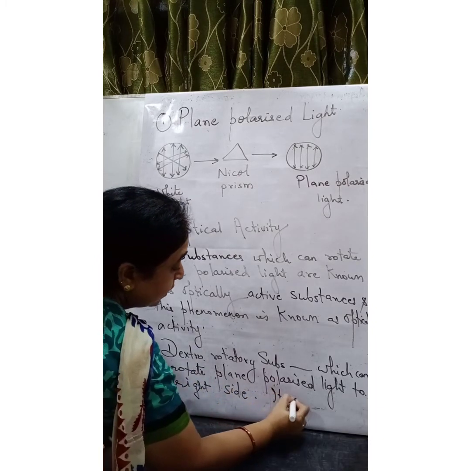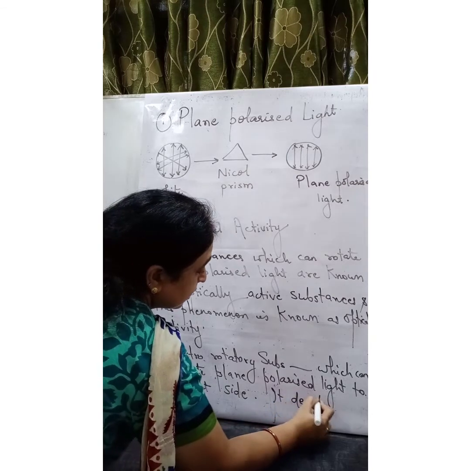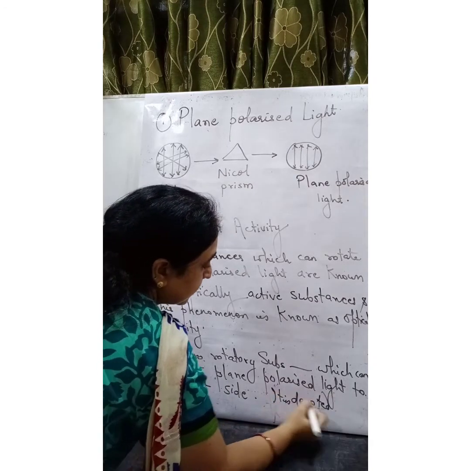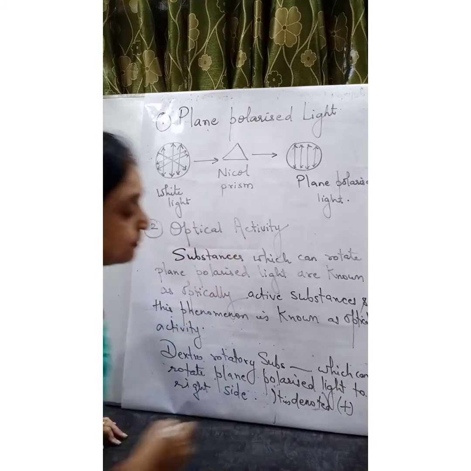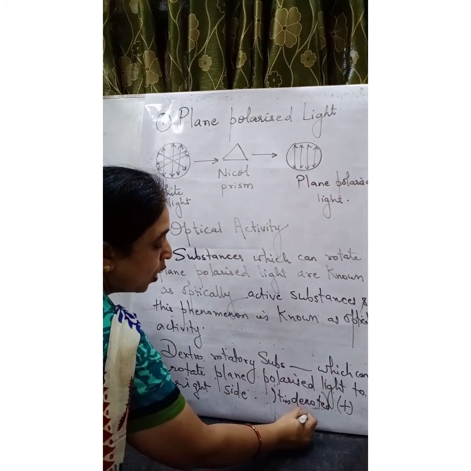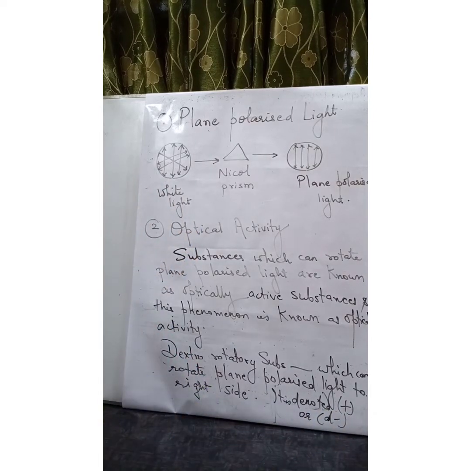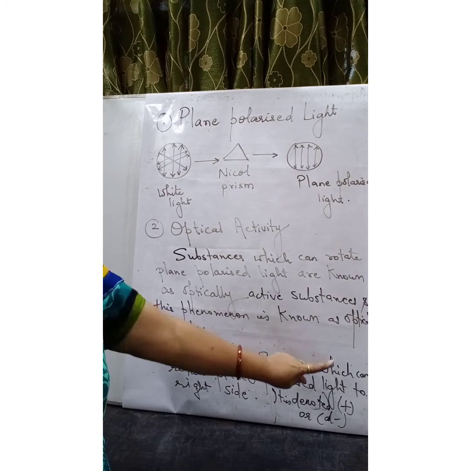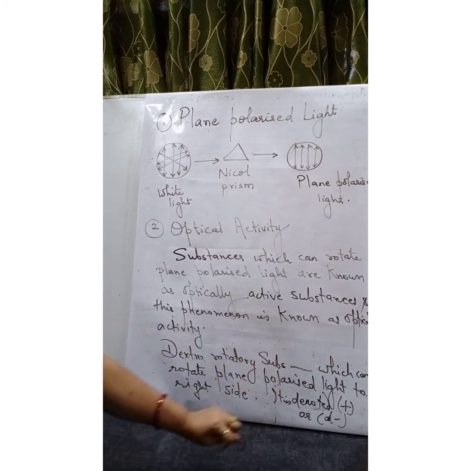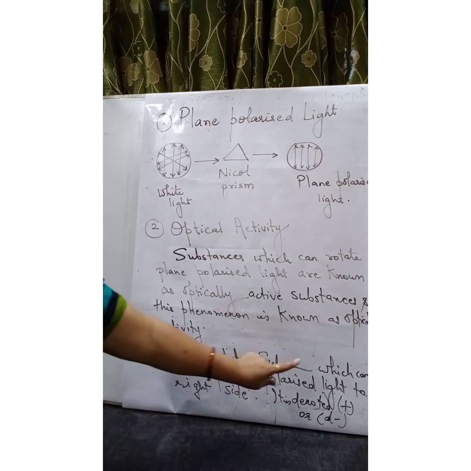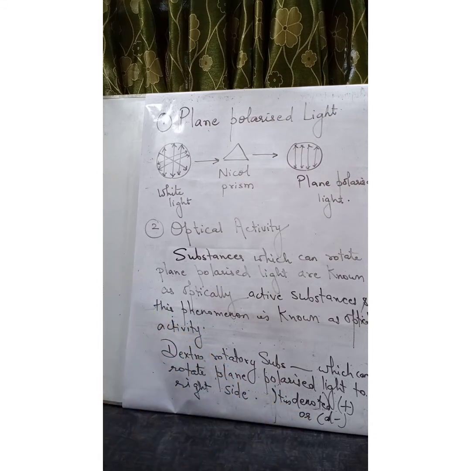It is denoted by positive sign in bracket, or we write D dash. So dextrorotatory substances are those substances which can rotate plane polarized light to right side. It is denoted by plus or D.